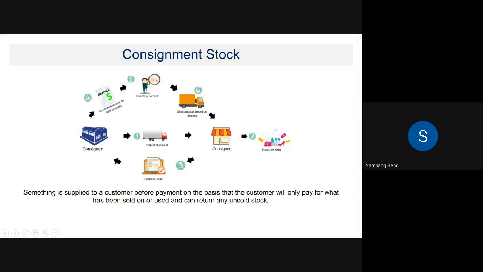Consignment stock is something that is supplied to a customer before payment, on the basis that the customer will only pay for what has been sold or used and can return any unsold stock. Let's say for the oil, the consumer uses some of our oil and they don't like it, and there's some stock left over.